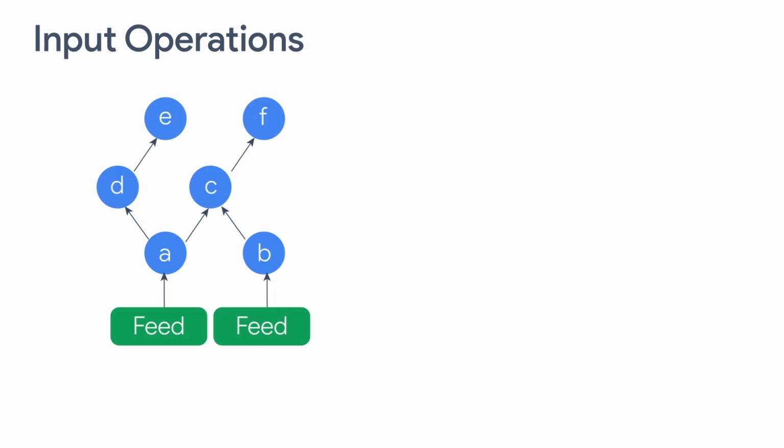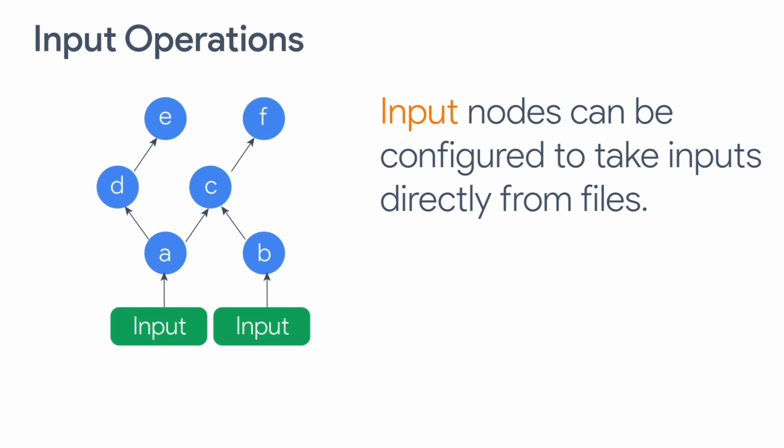Although input data can be provided to the graph using feed nodes as we saw earlier, another common mechanism used for training large machine learning models is to have a special input operation node in the graph. These input operation nodes can be configured with a set of file names which yield a tensor containing one or more examples from the data stored in those files.